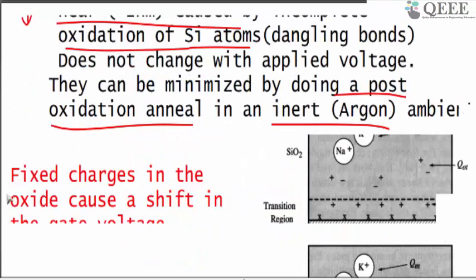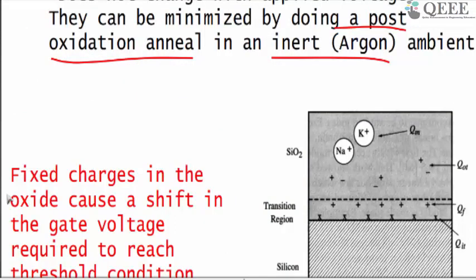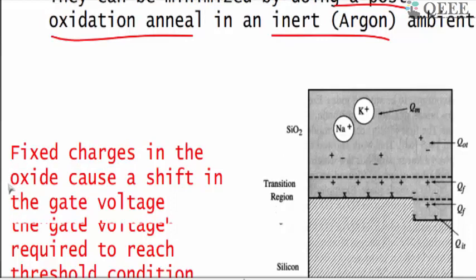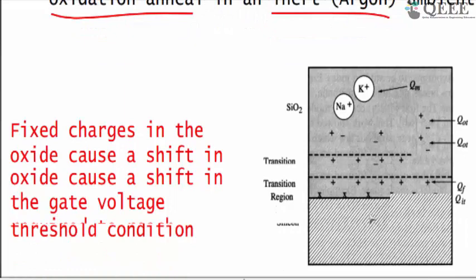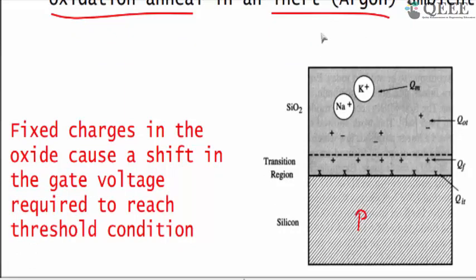So now let us see what is going to happen if there are positive charges. If there are many positive charges, let us assume it's a p-type semiconductor here. If you are trying to invert this MOS capacitor and there are positive charges already present, these positive charges can attract negative charges here, right.